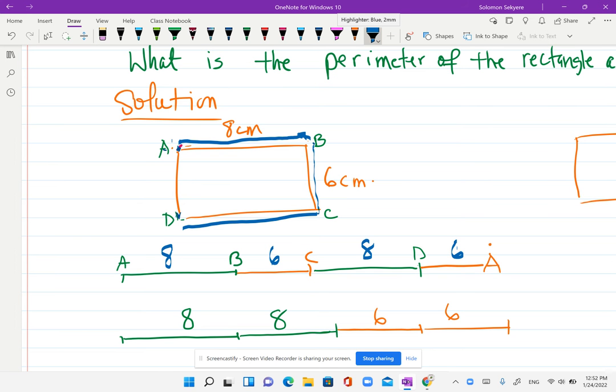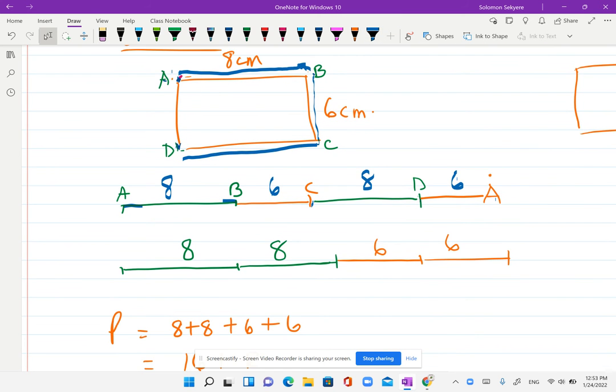So you see that it is A to B, 8 centimeters. Then we continue from B to C, 6. Then from C to D, another 8. And back to A, another 6. So if you look at it, what do you see? We see 8 and 8.